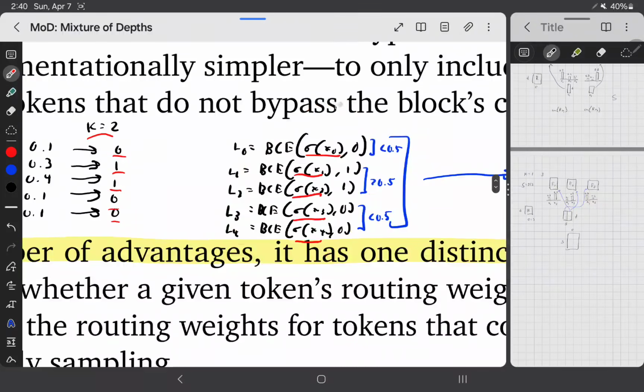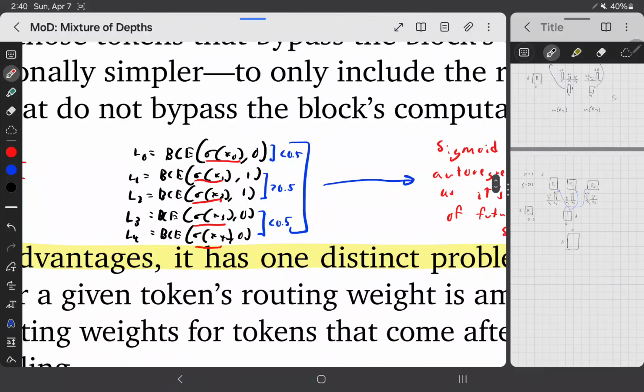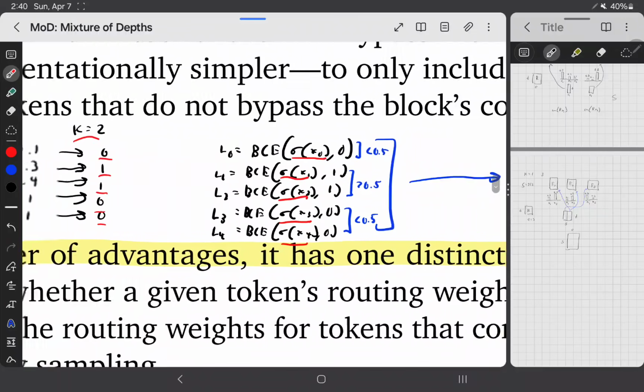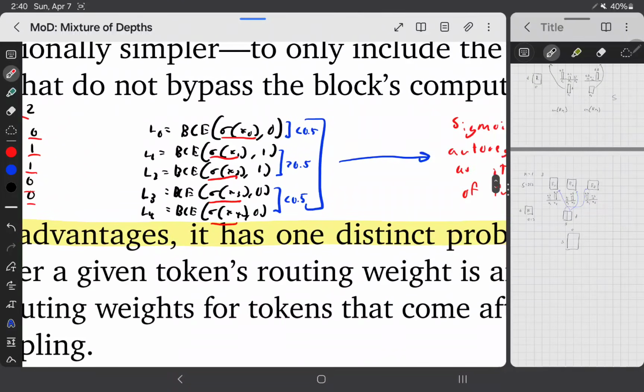And this operation here, assuming it's trained well, will match this operation. That allows you to do a causal sampling because these are independent. The distribution isn't trained in a causal way. It's trained in an independent way for each token, just in a way that mimics a softmax distribution. So that's the way I think about this.